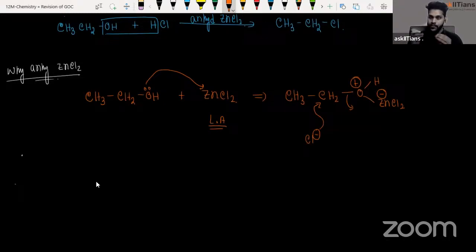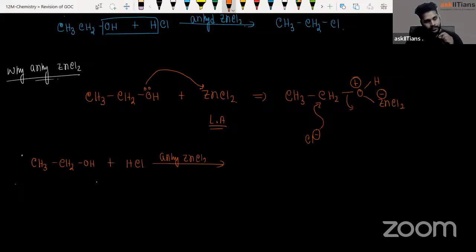Right now, if you look into the NCERT, it is written that if you do this reaction, let's say CH3CH2OH, with HCl, you would need anhydrous ZnCl2 to get the product.